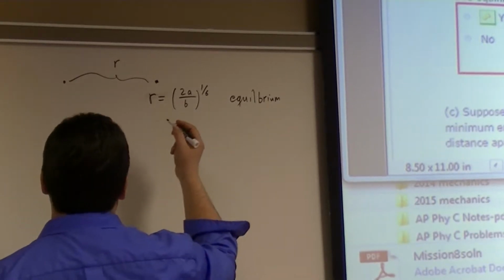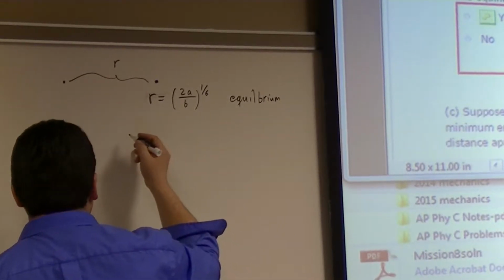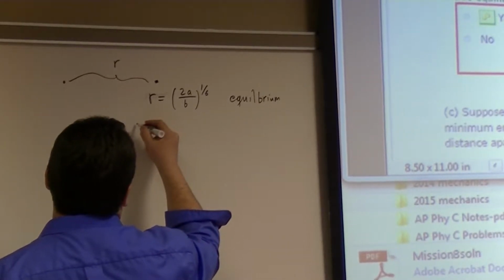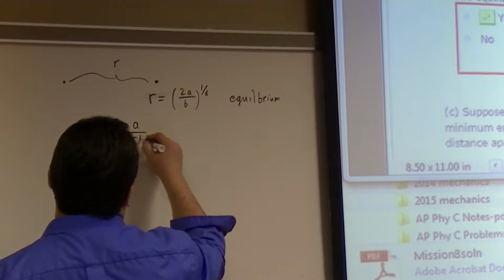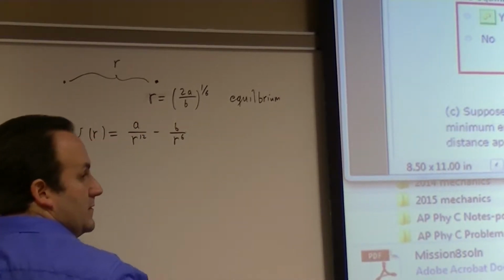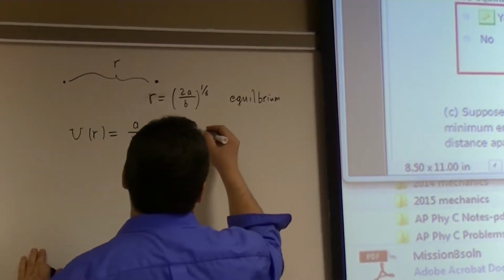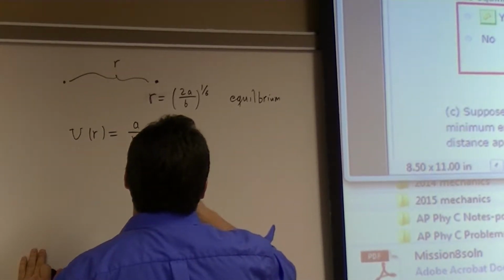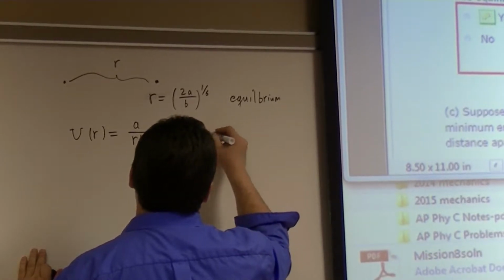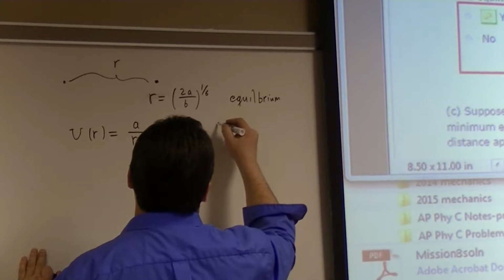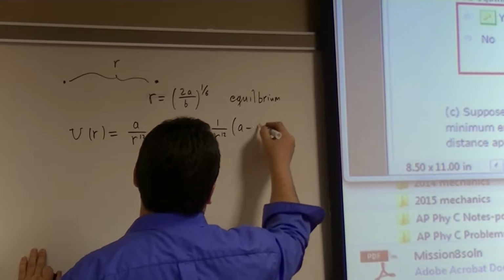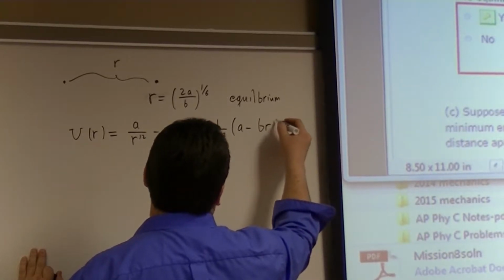So U of R was equal to, let's see, it was a over R to the 12th minus b over R to the 6th, right? So this is really 1 over R to the 12th times a minus b times R to the 6th, is that right?